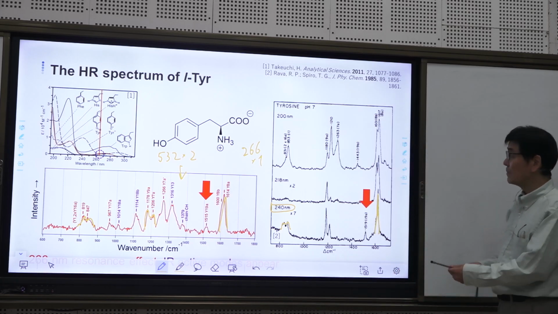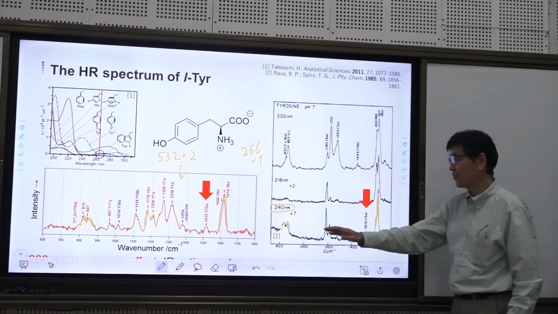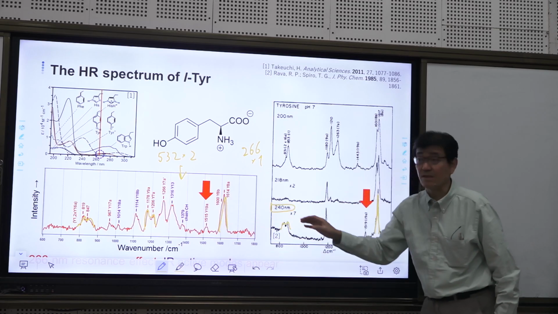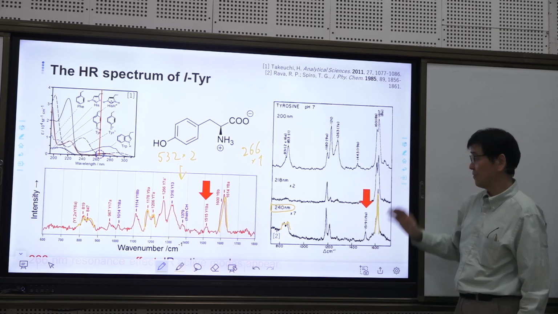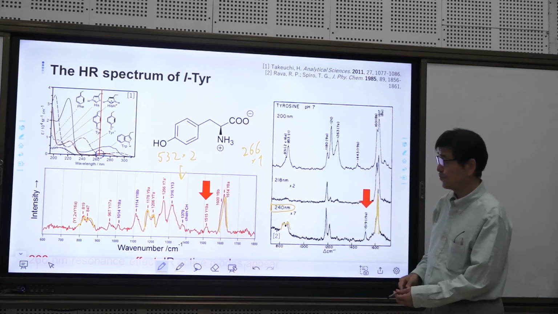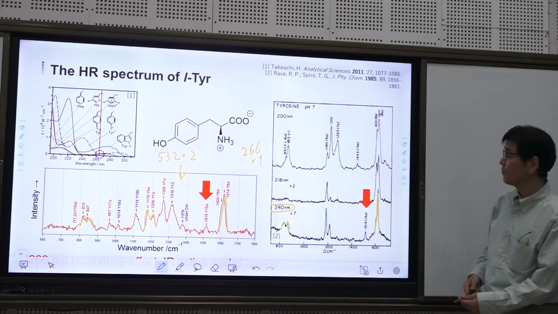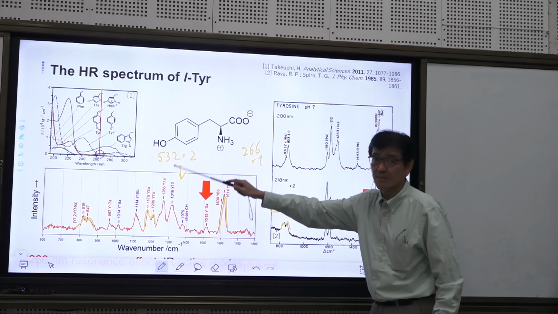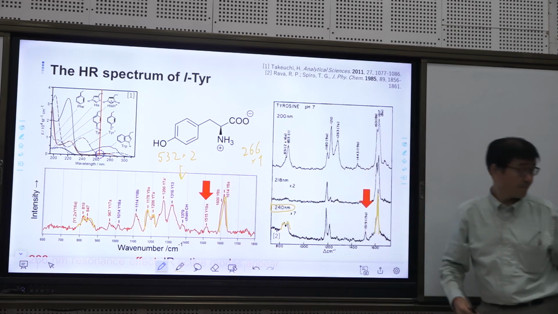We cannot directly compare this result and this result because the excitation wavelength is different. But anyway, we get similar information between the two photon excited hyper-Raman and Raman spectrum.